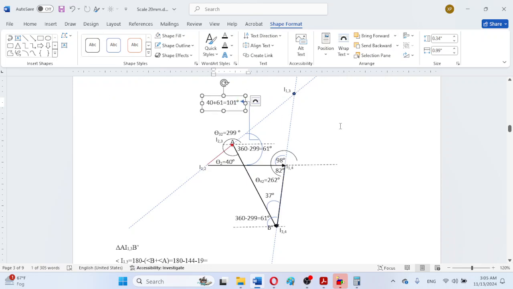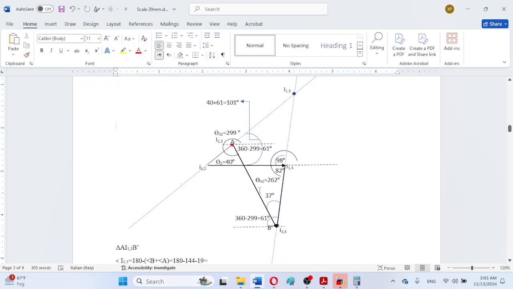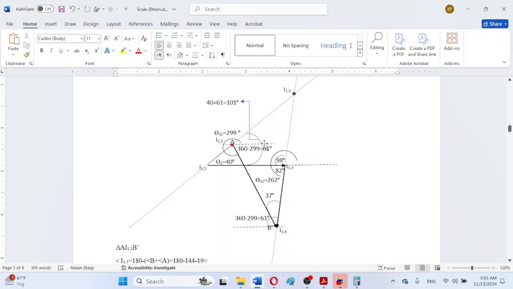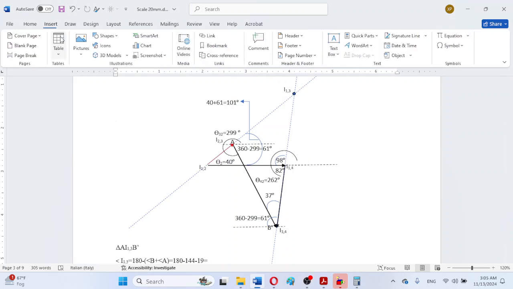So once this angle 101 and 37 have been calculated, this third angle can be calculated by subtracting the sum of these two angles. So 180 minus 101 minus 37. So this angle comes out to be 42 degrees.